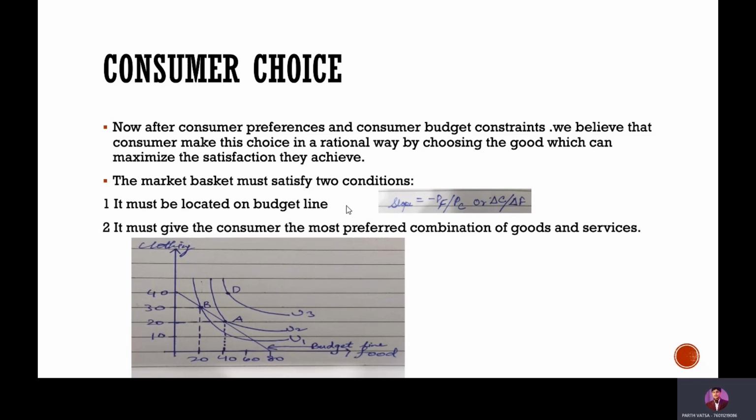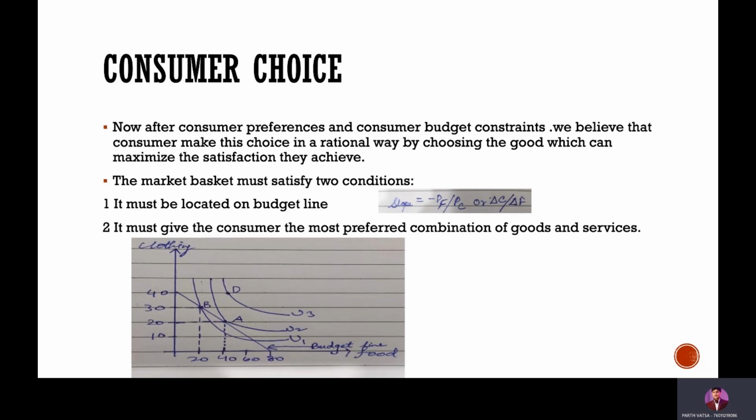At that point only, it's a must condition for a consumer to purchase a good, because at that market basket the consumer would be totally indifferent and his utility would be satisfied to the maximum.